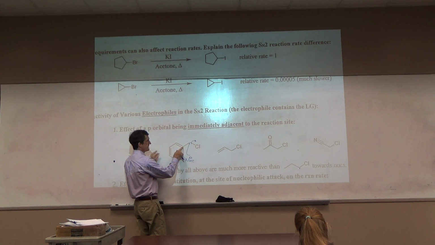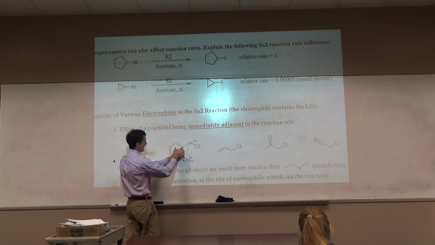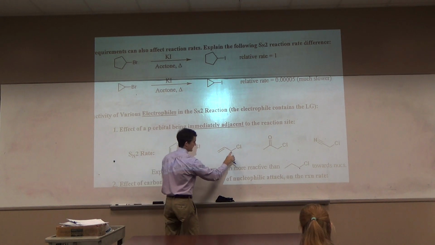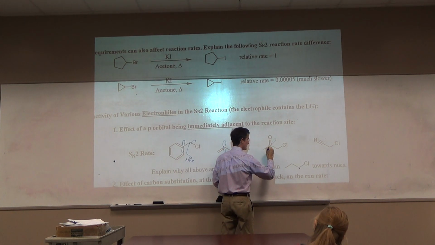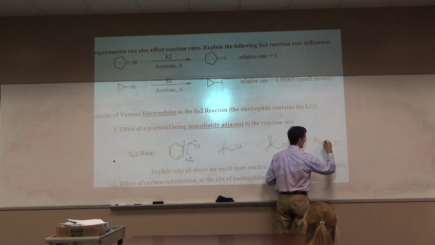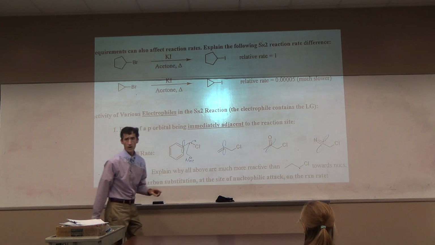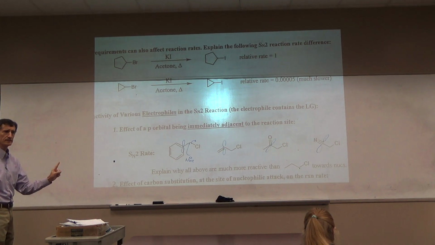Immediately adjacent to the reaction site, there's a p orbital, yeah? Attack here, p orbital next door. Everybody agree? Actually, 2 next door there. Only need 1. What does this do when you have a p orbital adjacent to the reaction site?